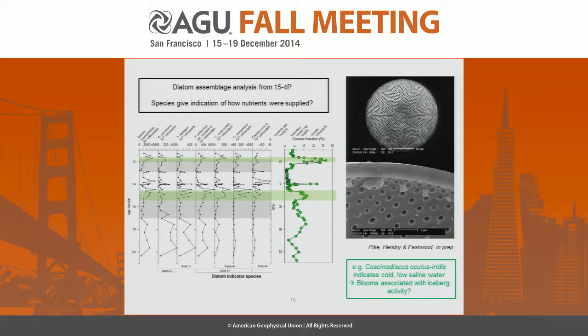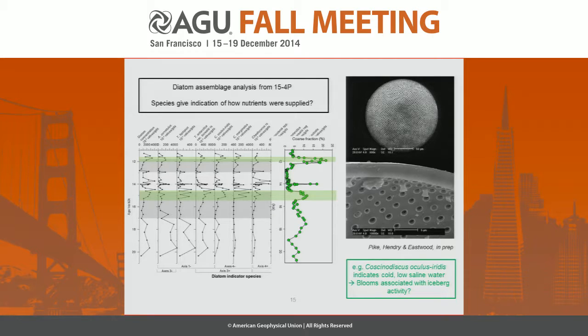This is Coscinodiscus oculus iridis, a very beautiful, large, centric diatom. And I mean large, this is like something you can actually pick out like a grain of sand. And this is this record here, excuse my shaking hand. And what you can see is that these peaks in oculus iridis actually coincide with increases in the coarse fraction.